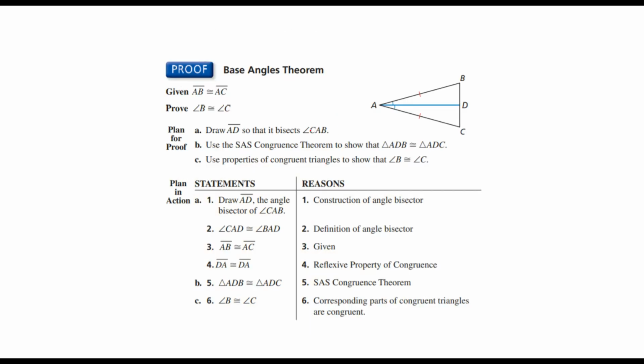First, this is our brief proof. I won't spend too long here, but this is a proof of that base angles theorem. Basically, we start with triangle ABC, this outer triangle, and what we know is that AC is equal to AB.